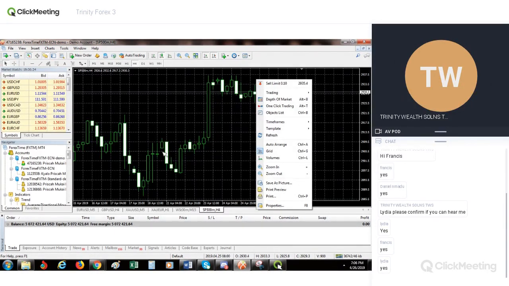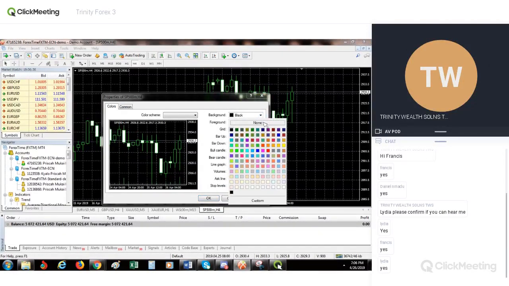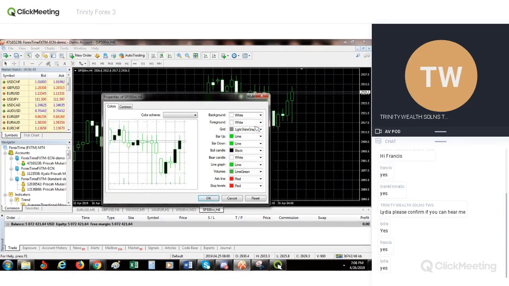It gives you the dialog box to change whatever you want. So we can change the background to white. Grid is the crossings. You can also remove them if you don't want them.